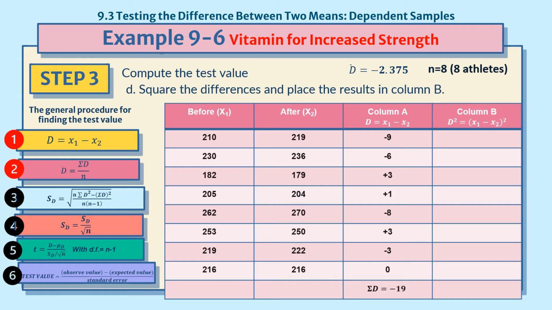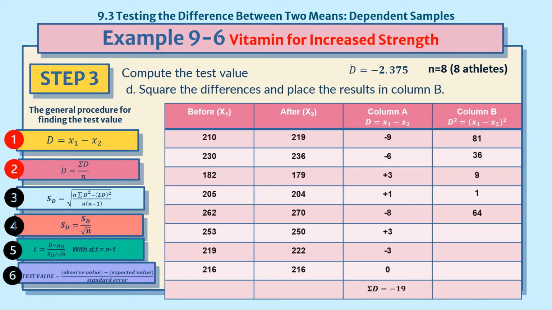So next step, step D: square the differences and place the results in column B. For column B, we square the values that we got for our column A. We square the value D. So we have negative 9 squared is 81. Negative 6 squared is 36. 3 squared is 9. 1 squared is 1.